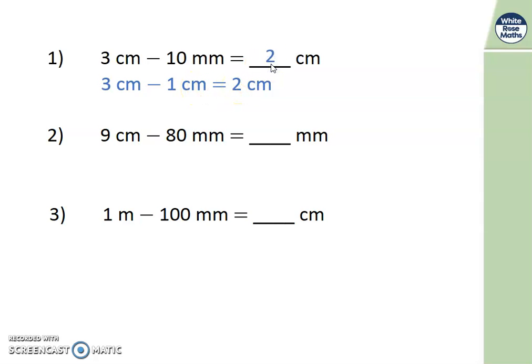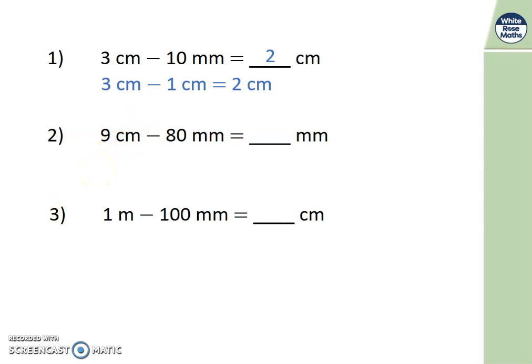So that's the answer. On this one, 9 centimeters subtract 80 millimeters, but I want my answer in millimeters. So I need to make sure both of these parts are in millimeters. This one is in millimeters, but this one is not. So this is the one I need to change. 9 centimeters.